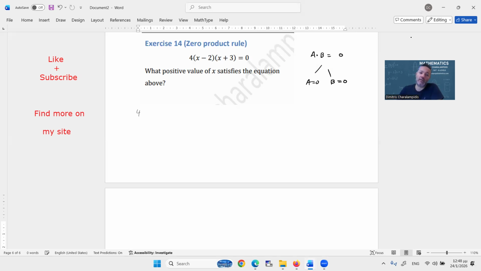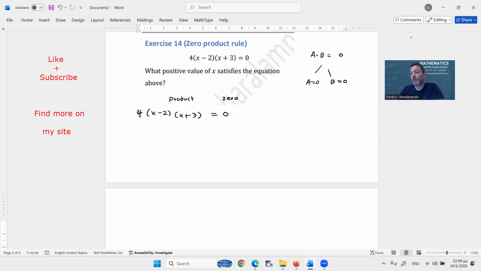We were given the equation 4 times x minus 2 times x plus 3. We know that, so we have a product on one side and 0 on the other, based on the zero product rule, which can be further generalized for more than one factor. We know that when we multiply 4 times x minus 2 times x plus 3, that should be equal to 0.